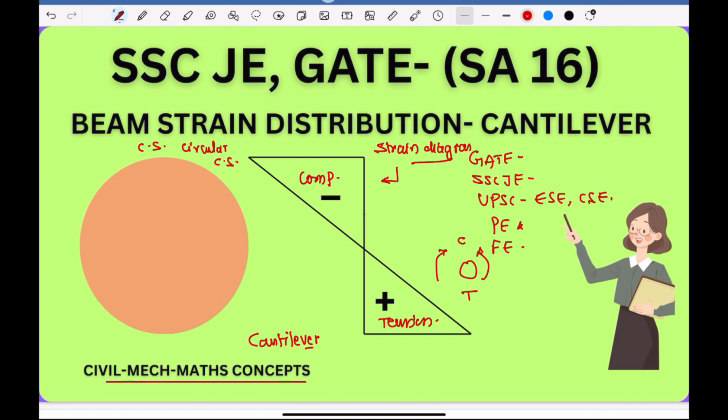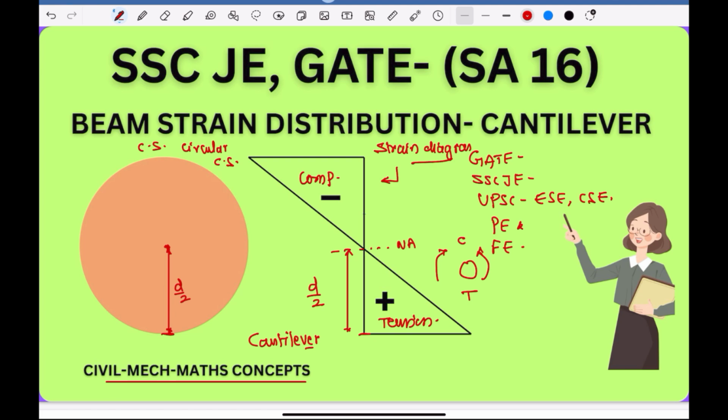We have found the center of gravity and neutral axis. This is the neutral axis position. Because of the symmetry of the circular beam, the neutral axis and the center of gravity are the same, at d by 2 from the bottom of the beam. This is the point where the neutral axis passes.